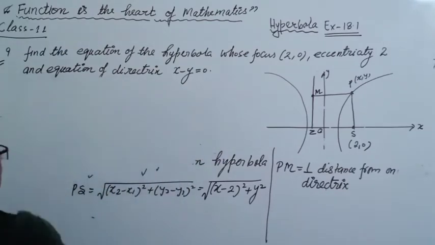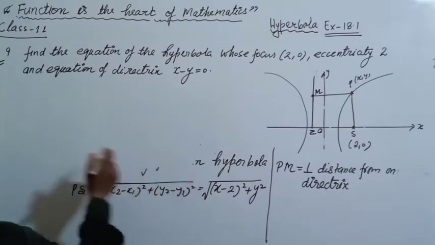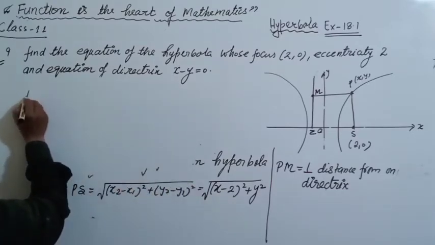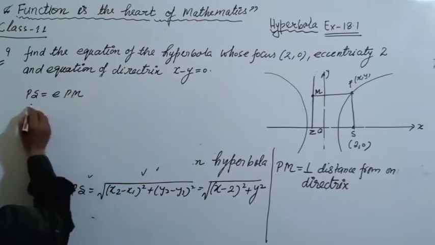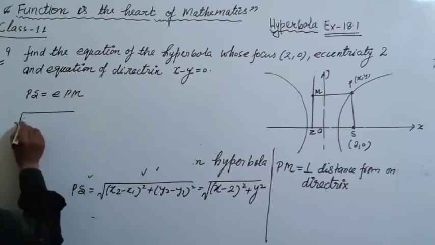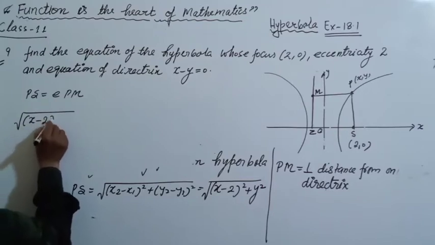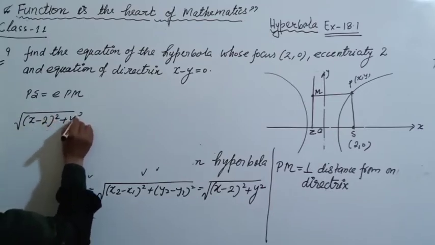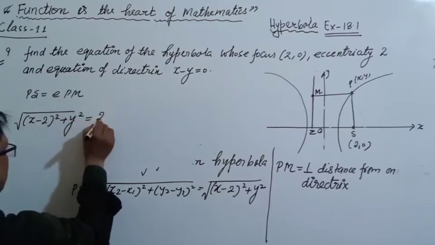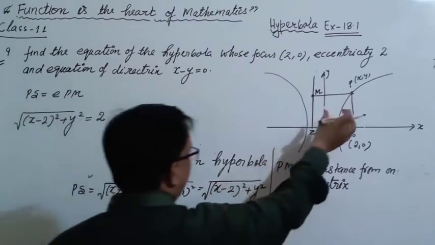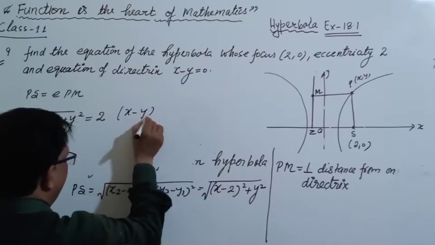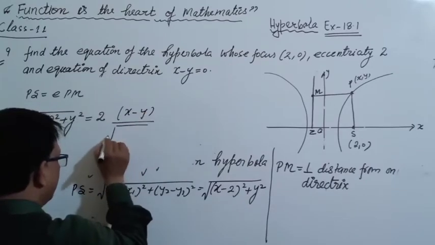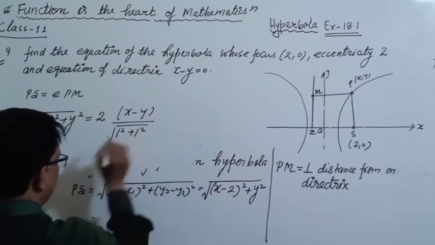Now we substitute the value in PS is equal to e PM. So PS is the square root of (x minus 2) whole square plus y square. The value of e is 2, and the perpendicular distance from this line is (x minus y) upon the root of 1 square plus 1 square.